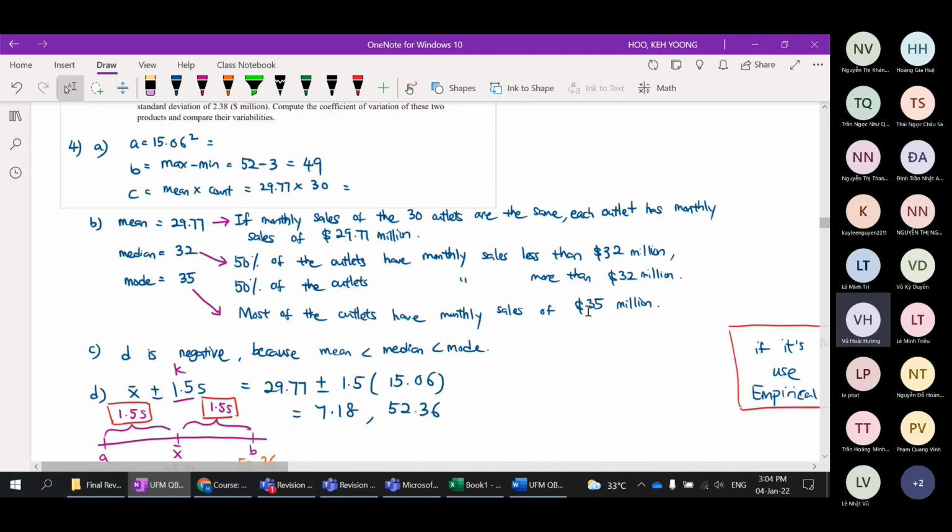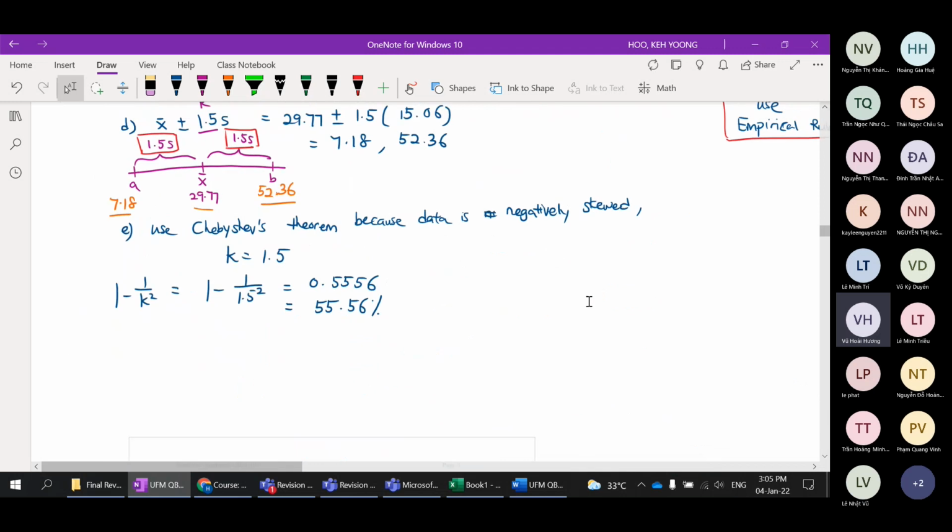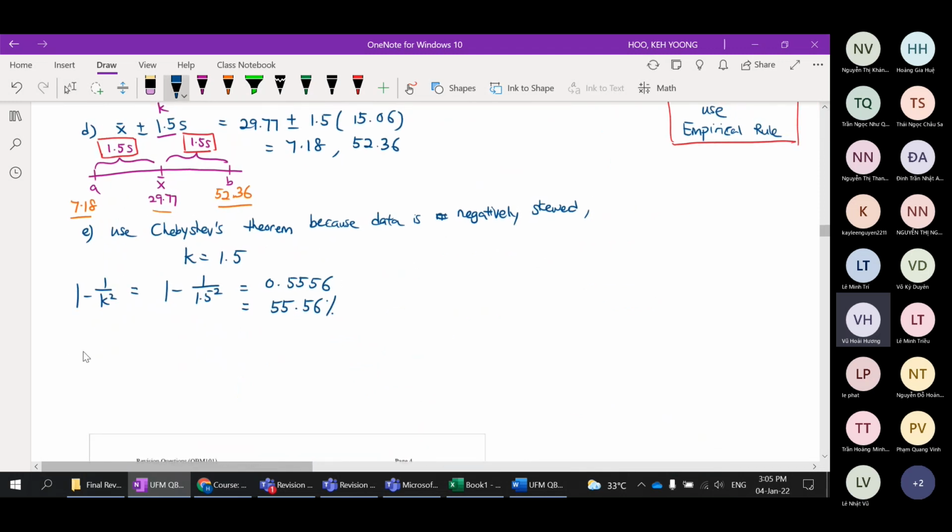Let's calculate the coefficient of variation first. The coefficient of variation for product X, based on the output, is the standard deviation divided by the mean, times 100%.